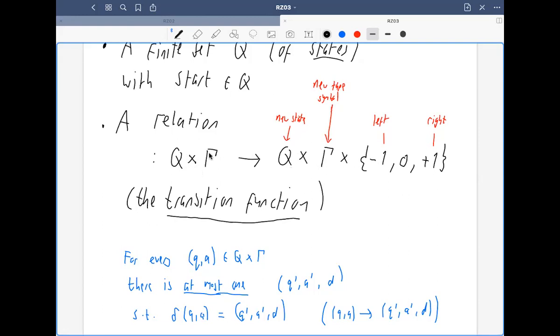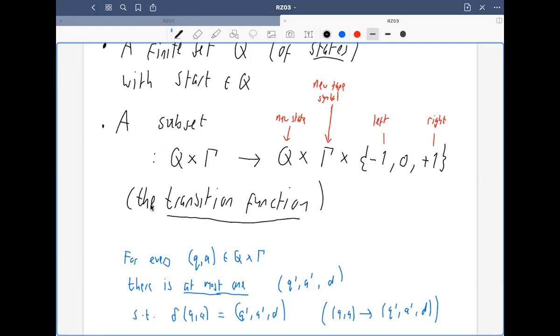But to define a relation between two sets, here the product set of the state and alphabet, and here the product set of three things, that's the same thing as giving a subset of the product of everything. So let's just put it in that simple form. It's a relation, but we can just write this as a subset.